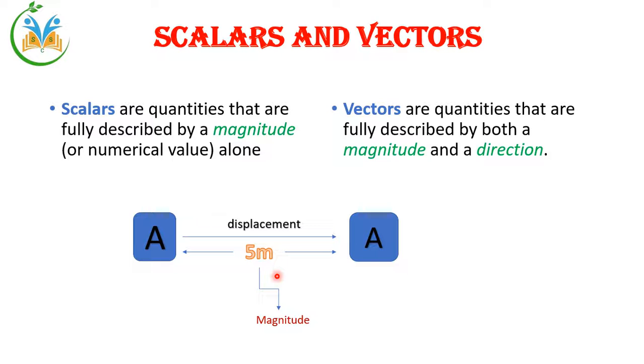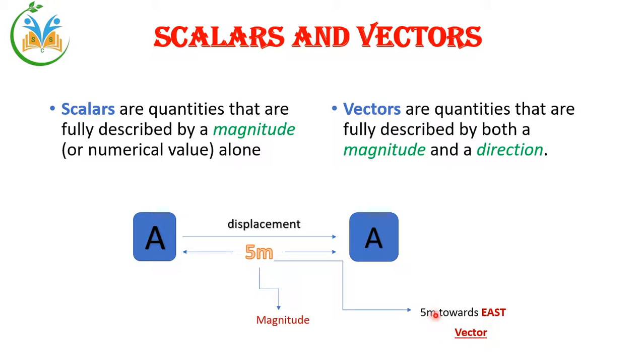And if we say this block A moves 5 meter towards east or towards right, see, this is the left, this is the right. Okay, so if we say this 5 meter towards east, then this is called a vector quantity.